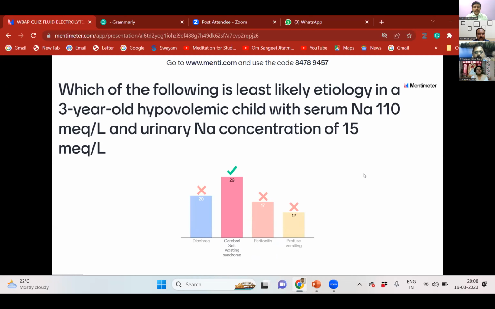So third question also many people answered. The right answer is CSW. Fourth question now.